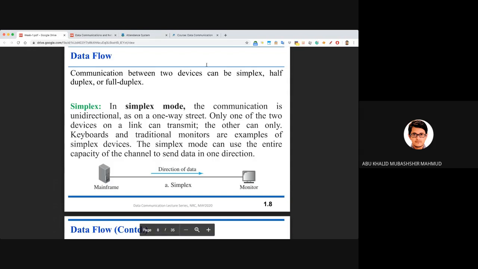What do we mean by these terms? If the direction of data flow is only one way, or unidirectional, that mode is called simplex mode of data communication. If you have a question in the quiz or mid, you have to answer it with this figure.